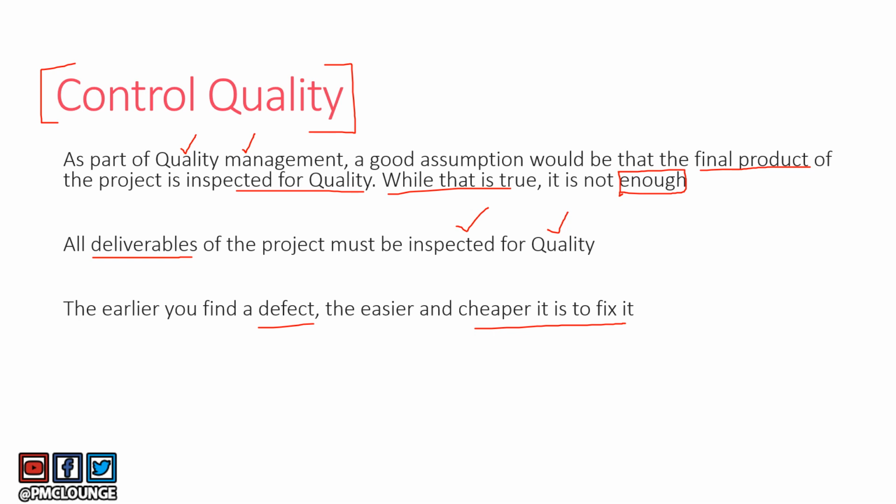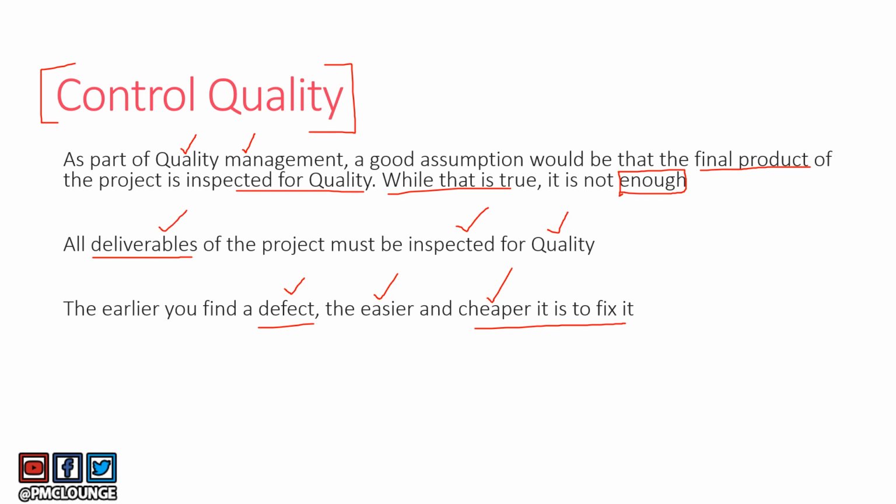So the earlier you could have found that defect, the easier and cheaper it was to fix it. If you have done flooring for 10 floors, then it is very expensive to redo it. If you would have found that on the ground floor itself, it was easier and cheaper to fix that defect. And mind you, flooring is just one of the deliverables, right?